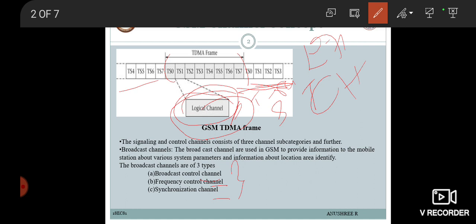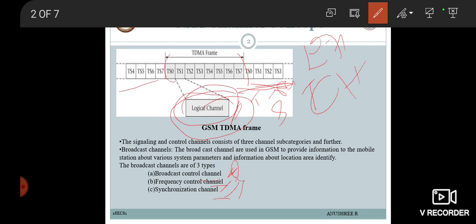With the broadcast channel, the GSM cellular system uses BCH, that is broadcast channel, to provide information to the mobile station about various system parameters and also information about the location area identity. The three types of BCH are the broadcast control channel, the frequency control channel, and the synchronization channel.